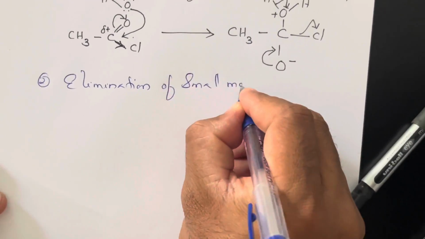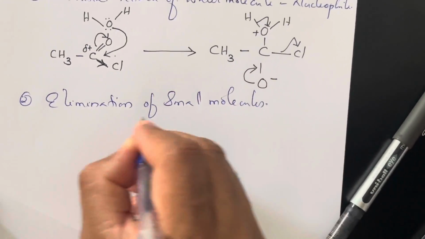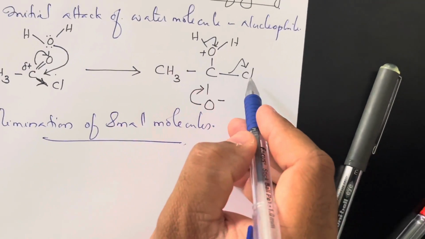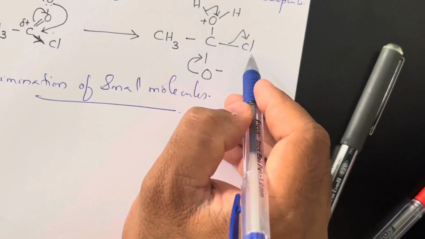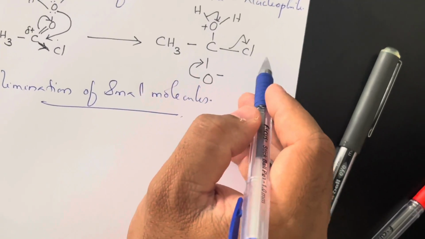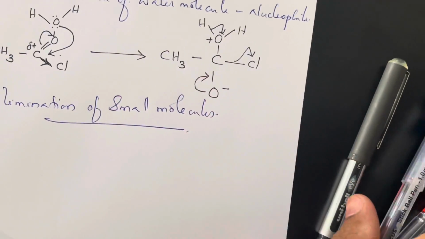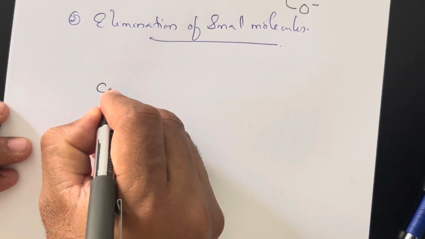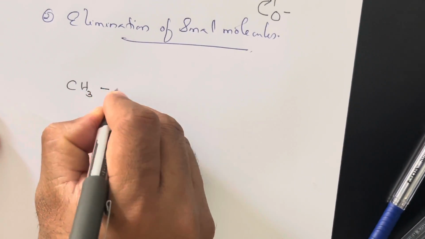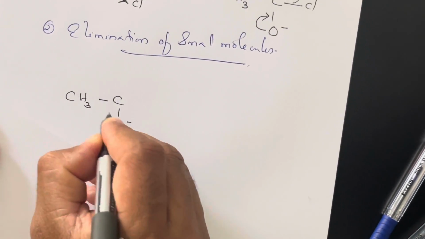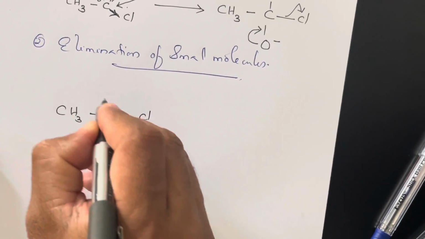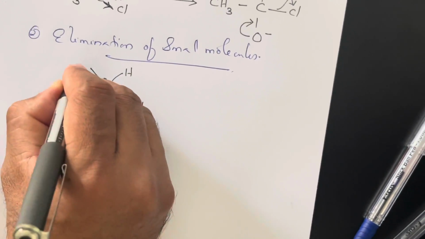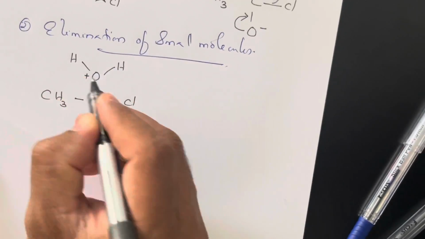In this case, small molecules means this hydrogen and Cl. HCl is eliminated as a small molecule. So in the mechanism, we write this compound again: CH3, C, O minus, Cl, O, H, H, with a positive charge.